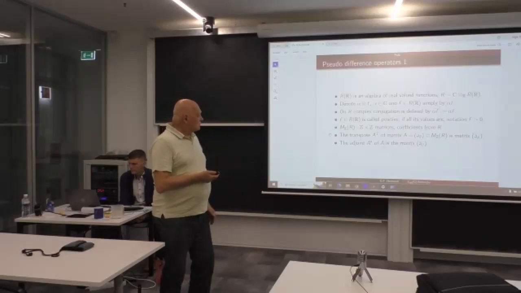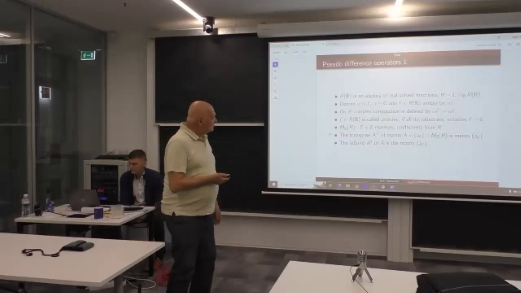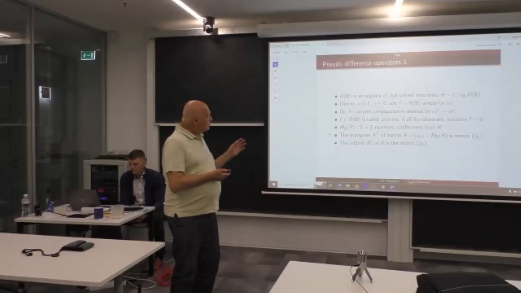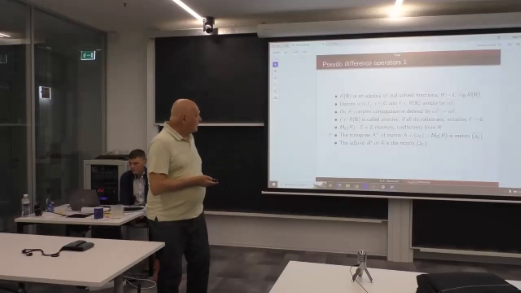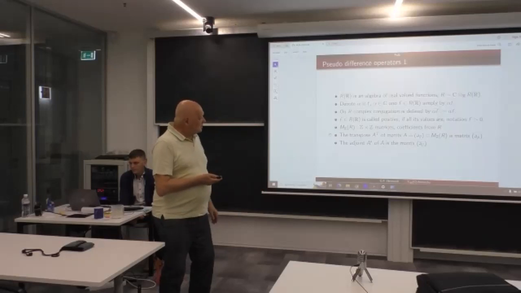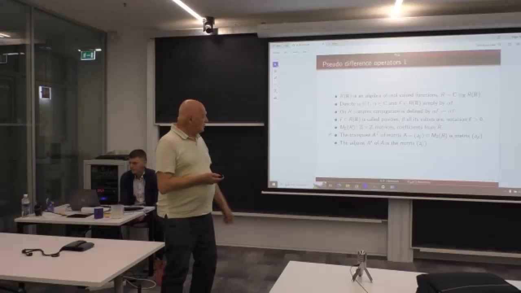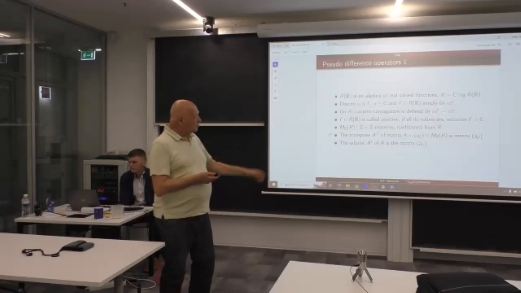Now, the pseudo-difference operators are a part of the Z×Z matrices with coefficients from R. And as usual, we define the transpose simply by flipping the indices of the matrix, and if you add complex conjugation, then you get the adjoint.